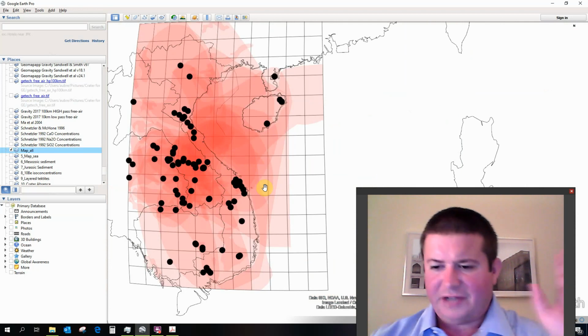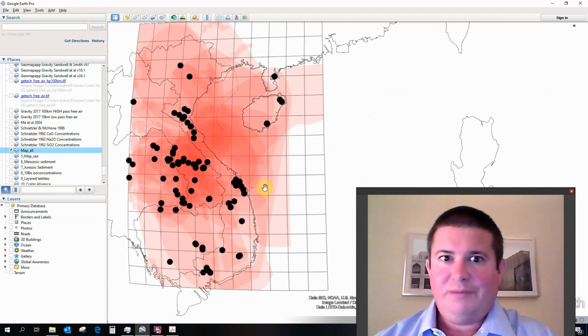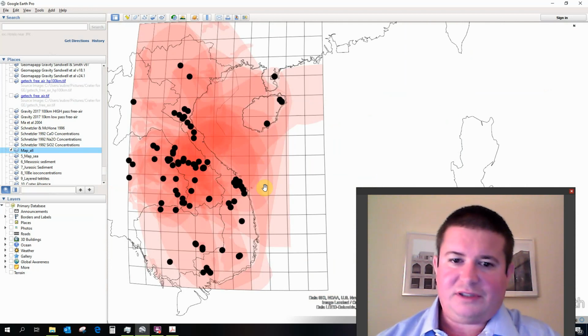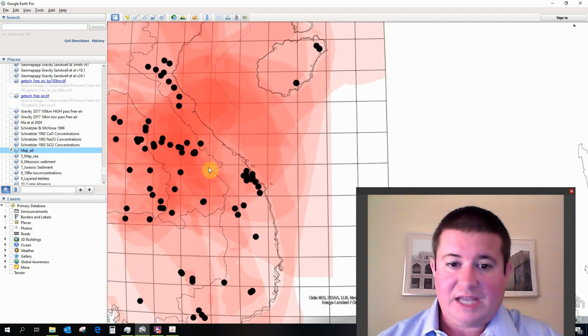You throw all the data in, every possible bit. Some of the data is going to be misleading. It's not right, like the Jurassic sediment, but throw that in anyway. All the potential data, and the redder the area, the more likely the source crater is. So what we end up seeing is this area here is probably where the source crater is.